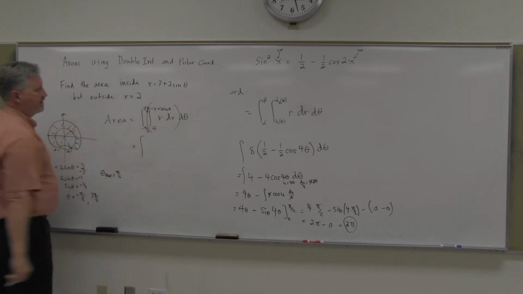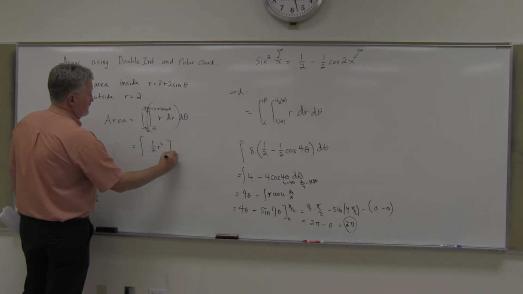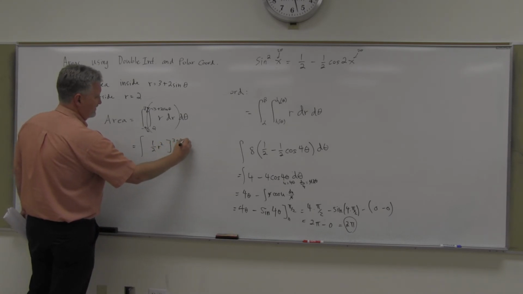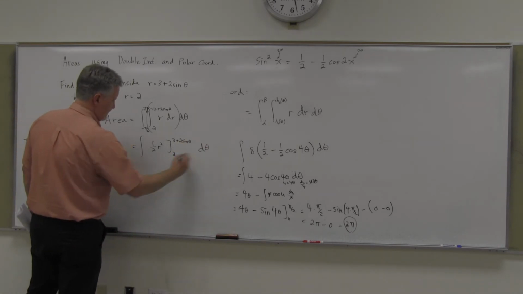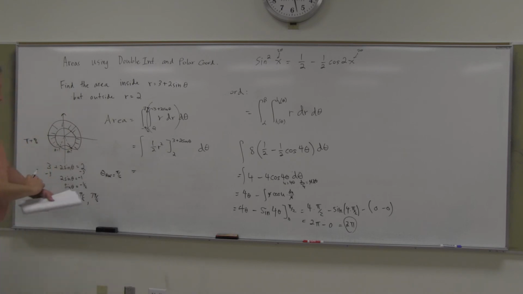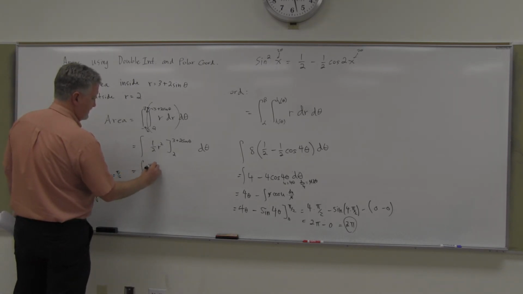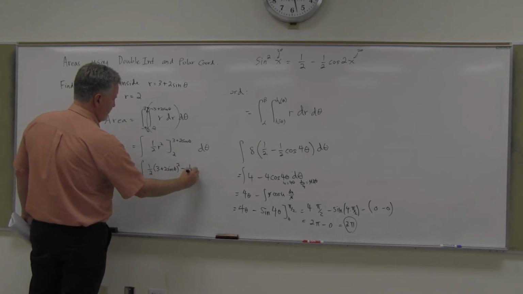So we do the r's first, so that's 1/2 r squared. And fortunately, one of the things isn't 0 this time, so that's 1/2 times (3 plus 2 sine theta) squared minus 1/2 times 2 squared, which is 4.